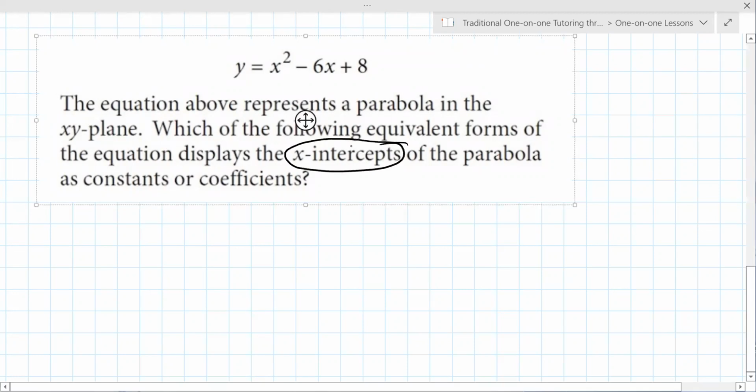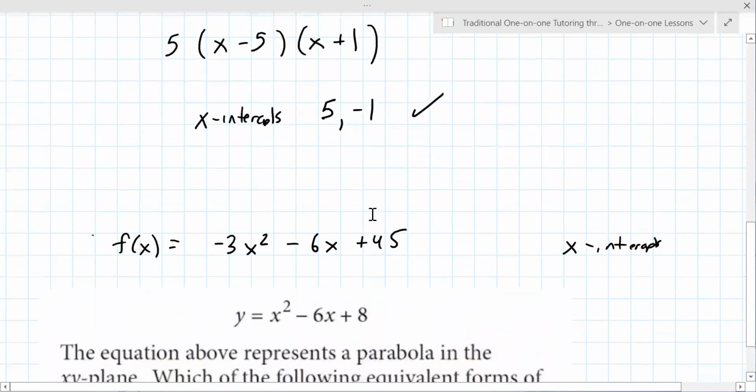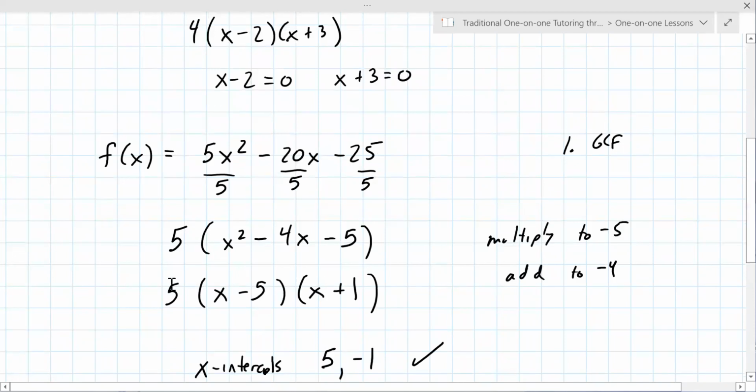This is key right here. So the equation that shows the x-intercepts as constants or coefficients. Right, but what have we been doing the last couple of problems? Like what have we been doing to get to this line?